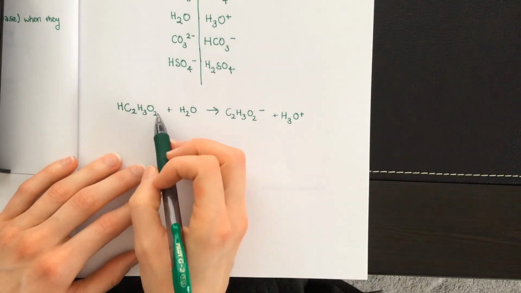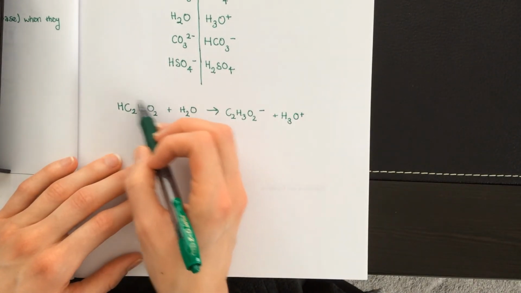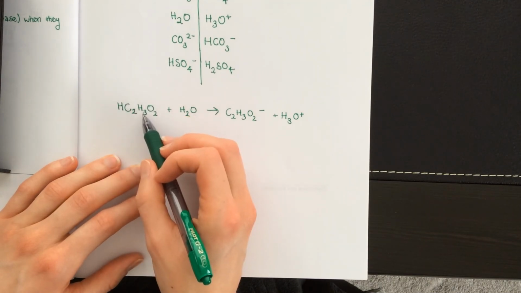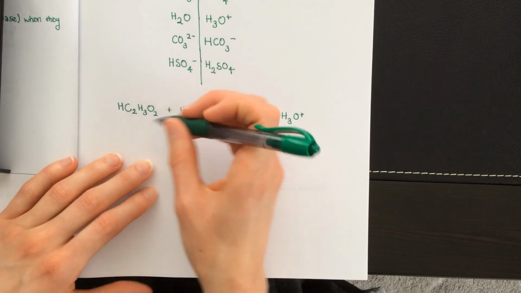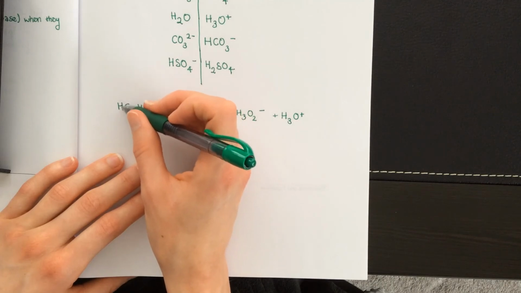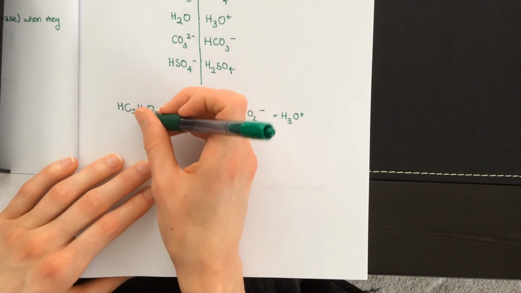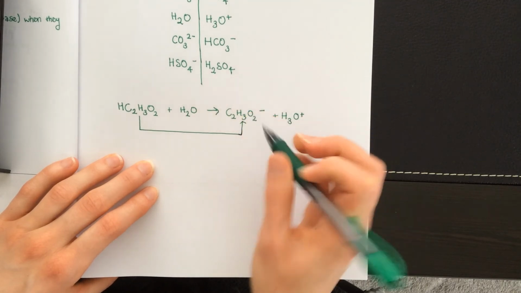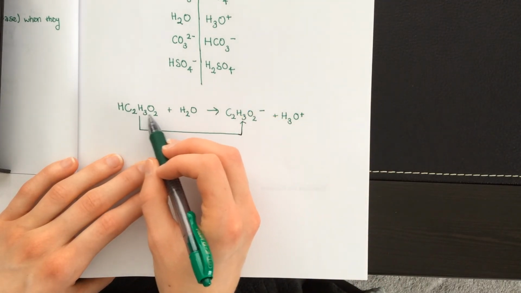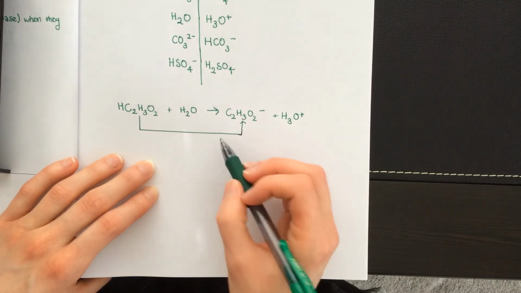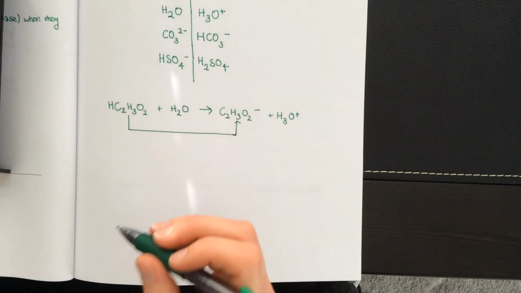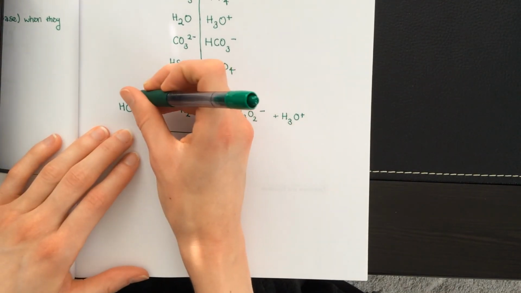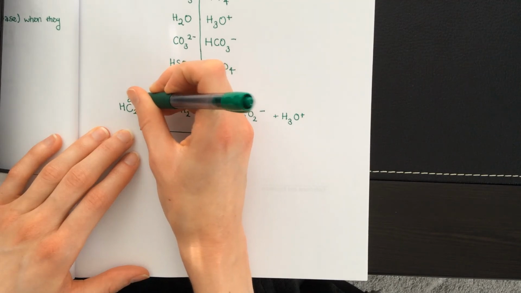So you have to look at what happens to the reactants during the equation. You'll notice this guy, this is actually acetic acid, it loses an H, right? Do you see how it has HC2H3O2 and now it doesn't have that H? So since it's losing an H, we know it's an acid because acids lose or donate H+.